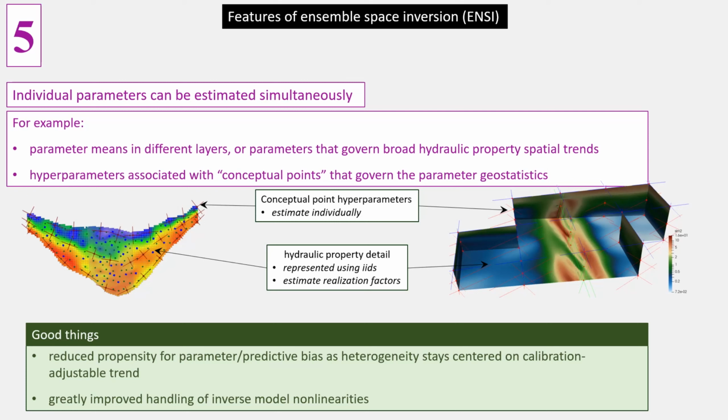The good thing is that this gives us so much ability to cope with model inverse problem nonlinearity at the same time as it reduces the propensity for parameter and predictive bias. So we're using our subspace in the most efficient way to obtain a minimum error variance solution to the inverse problem of model calibration.